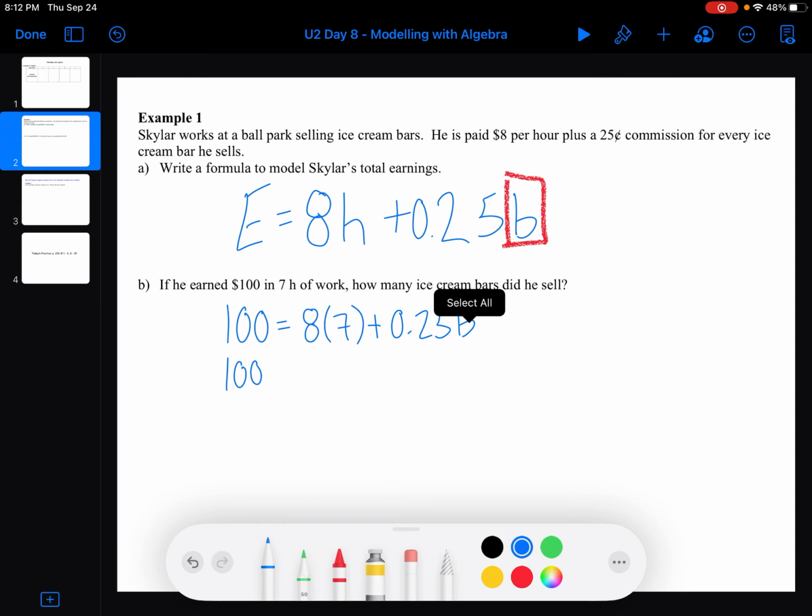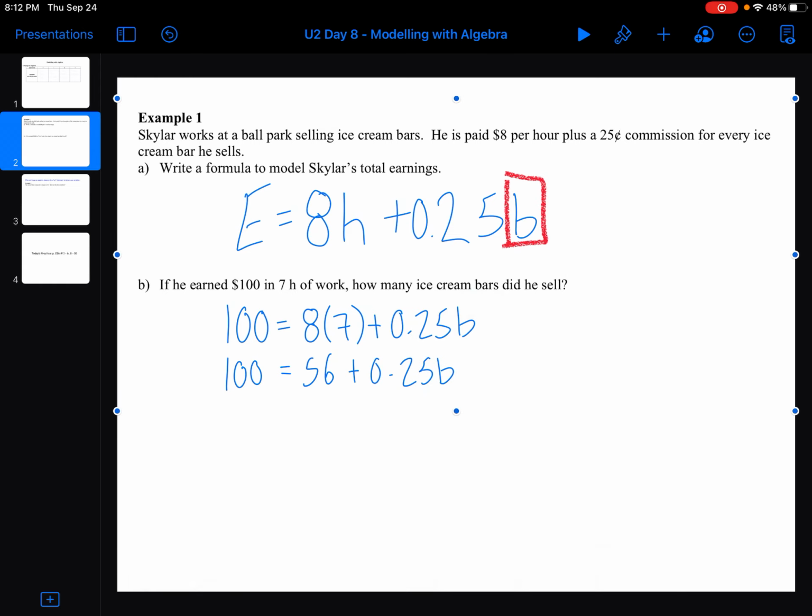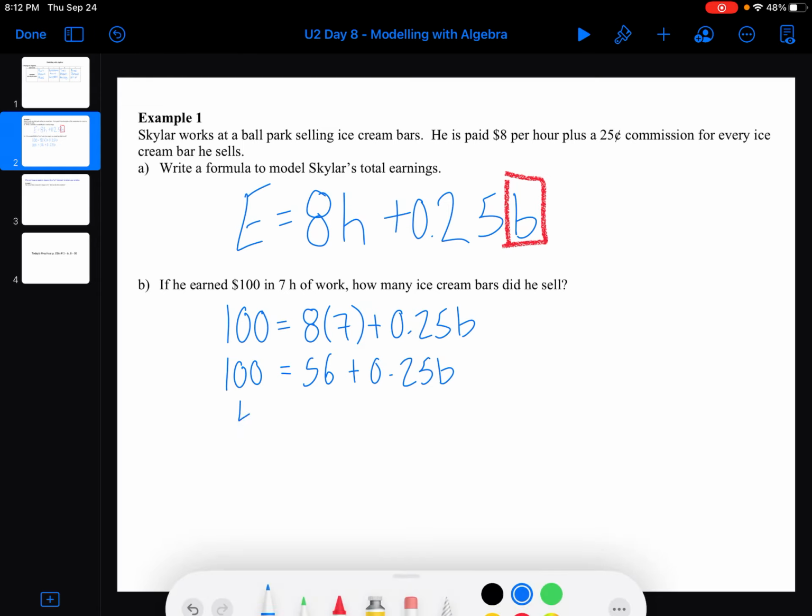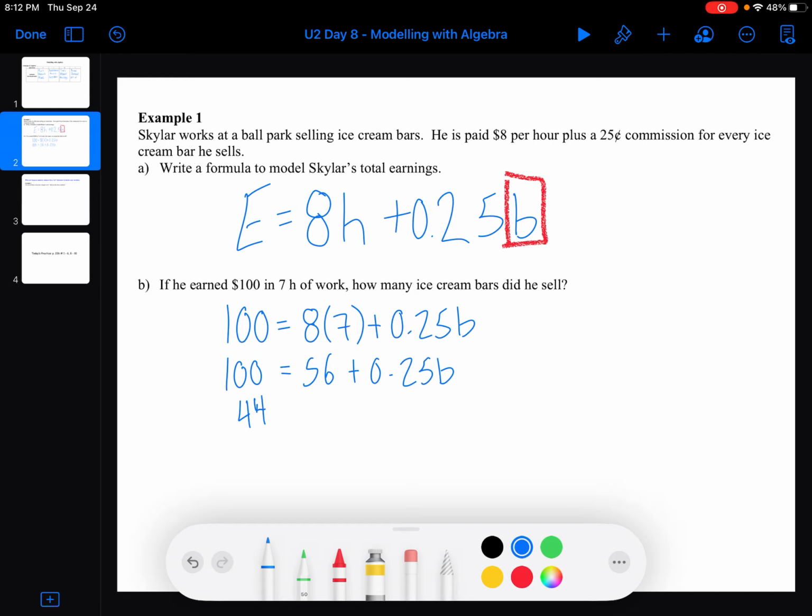So I'll write out a couple steps: 56 plus 0.25B, and then we're going to have 100 minus 56. So we're going to get 44 equals 0.25B. And then we have to divide by 0.25.